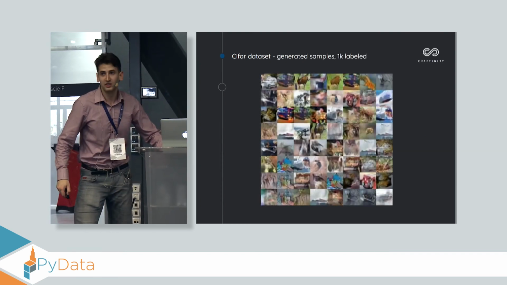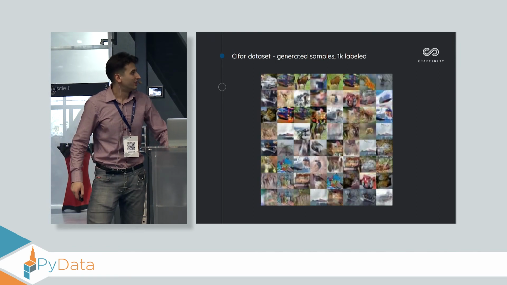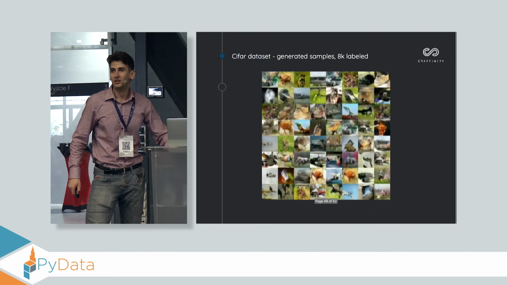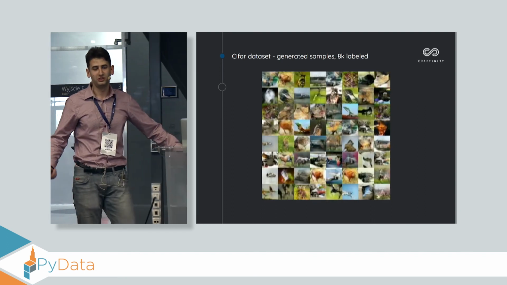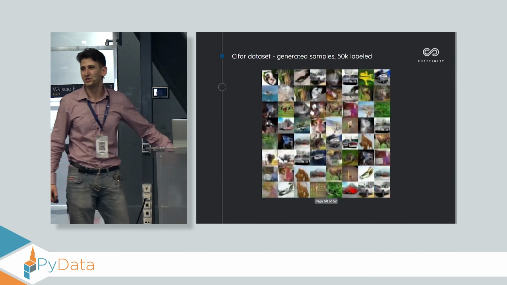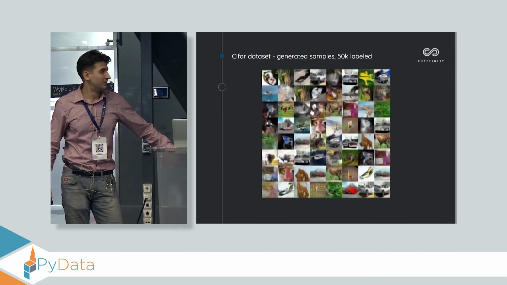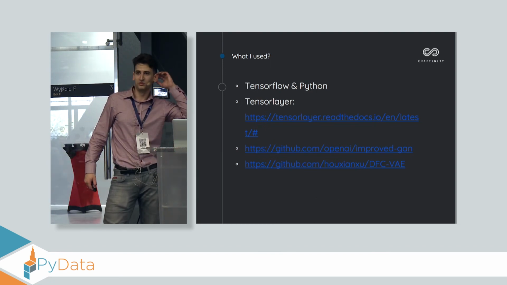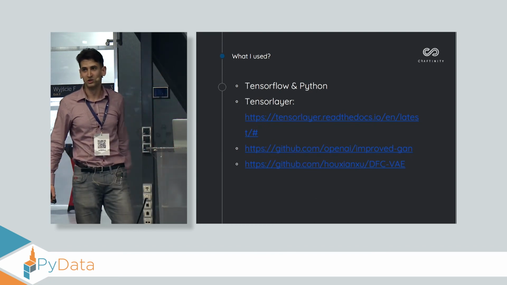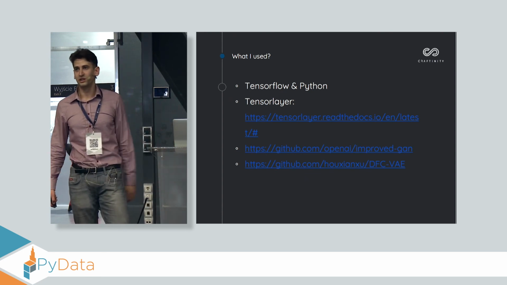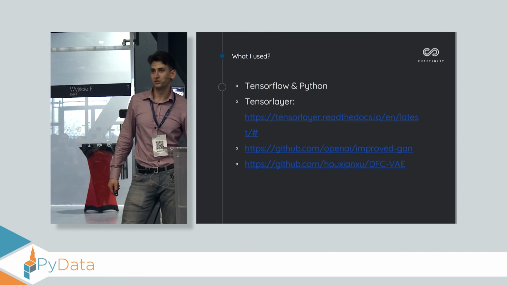Okay, and here are the samples generated by GAN trained on CIFAR. It seems that as our labeled dataset is bigger, the samples are probably of better quality. But anyway, when it comes to technicalities, for the experiments I used TensorFlow, obviously Python, and the TensorLayer library built on top of TensorFlow.